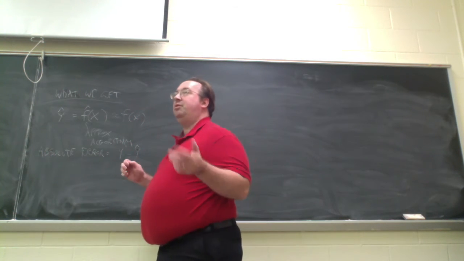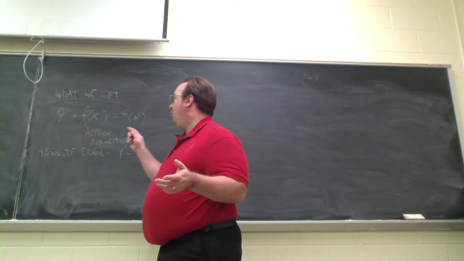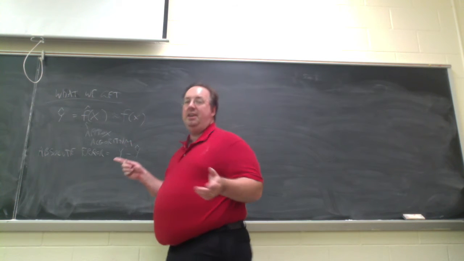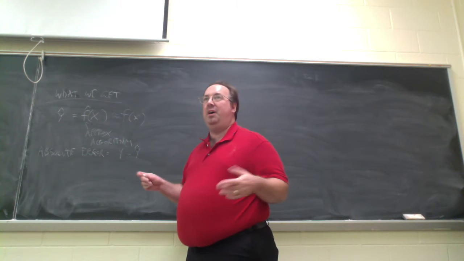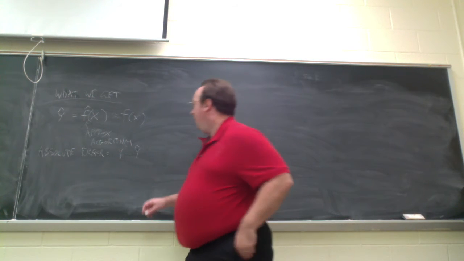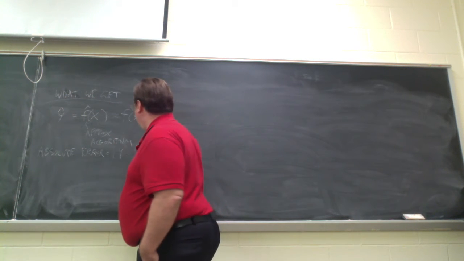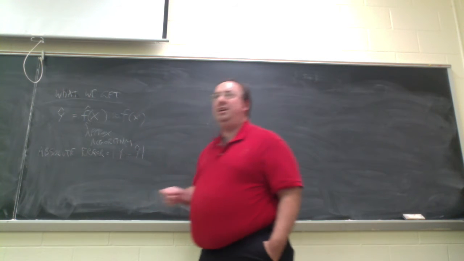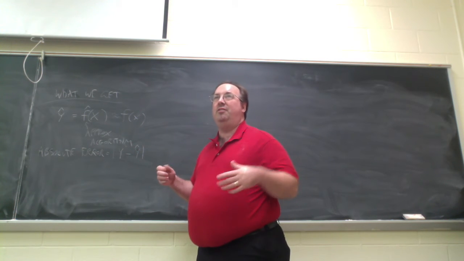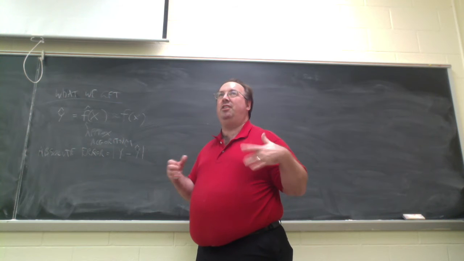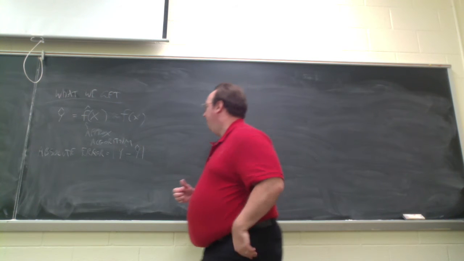And often we want to quantify this by a single number, because this value y could be a vector quantity. But if we're trying to measure error, we get some sort of magnitude, like it could be absolute value, or it could be a norm of a vector, like for instance the Euclidean length of a vector. So there's some notion of magnitude involved.